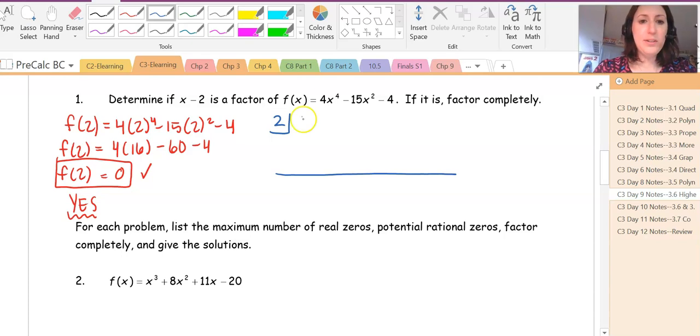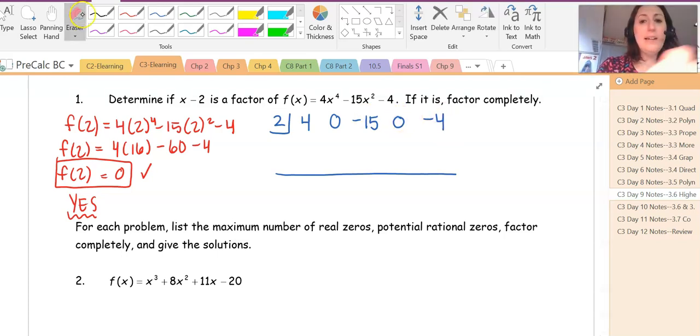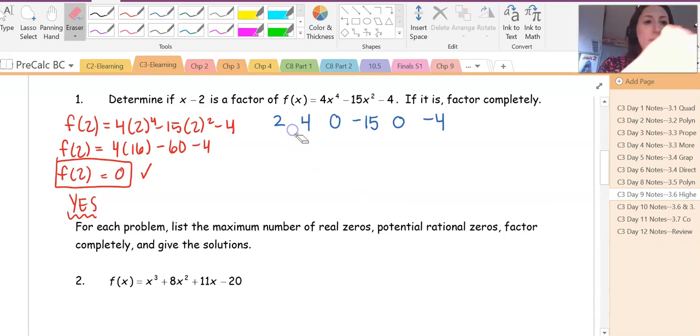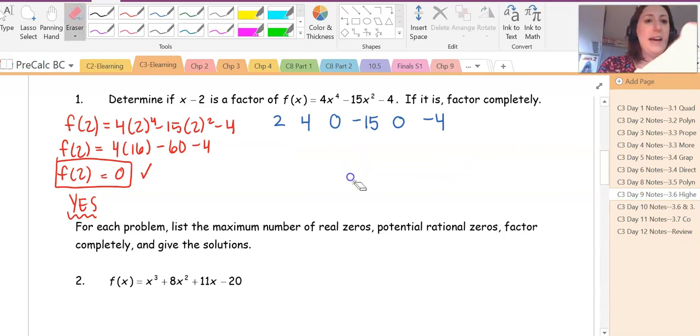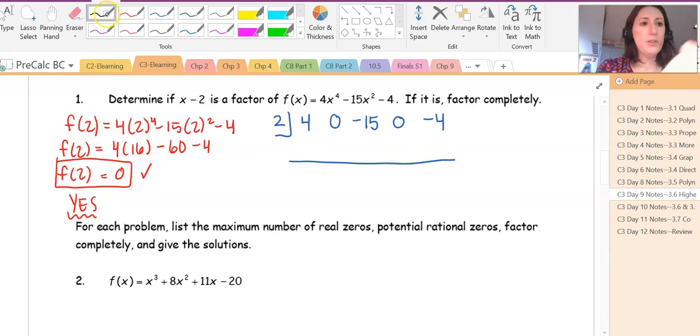My numbers up here, but you do need to leave placeholders. So this is 4x to the fourth, 0x cubed, negative 15x squared, 0x, and then negative 4. So that's how I set it up, but some people set it up, I think, like this. So it doesn't really matter. I would say, do what you want to do.